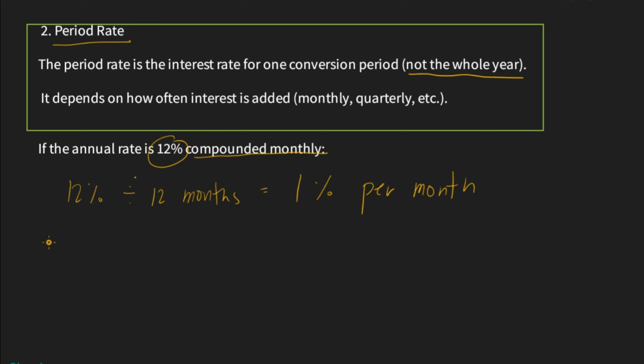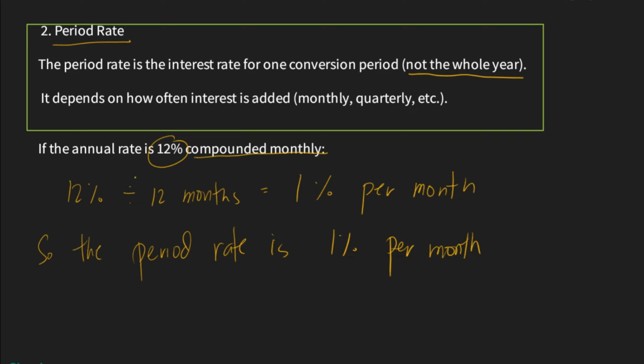So the period rate is 1% per month. Don't forget, the conversion period is the time between payments of interest, and the frequency of conversion is how many times you pay the interest in a year.